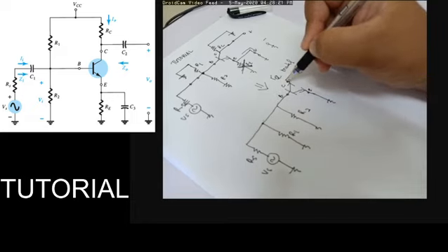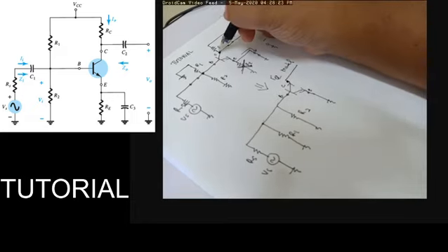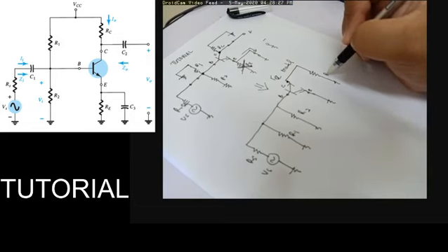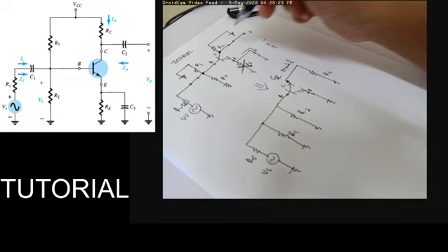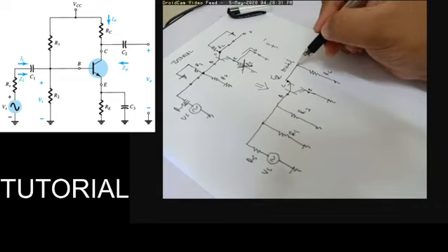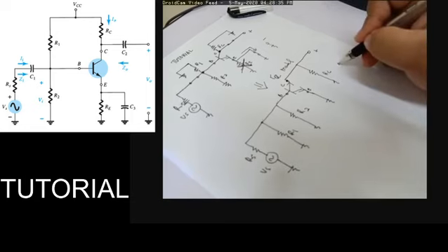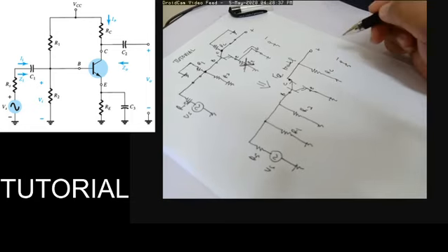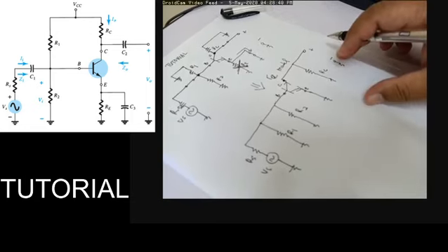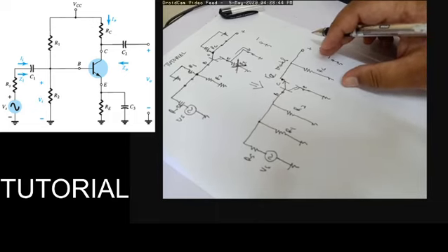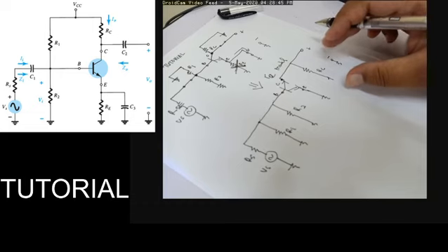It shares the same point here, and then connects to ground, RC, and this collector here goes to the output. This is positive, and this is negative. Now it becomes like this. This is not the re model yet.